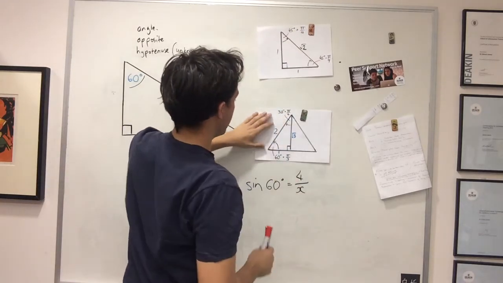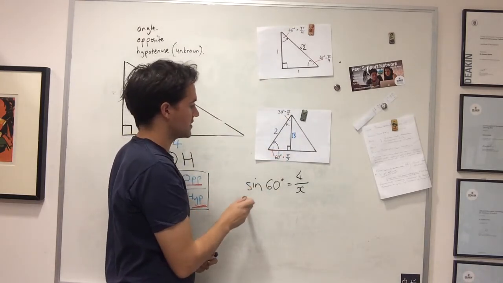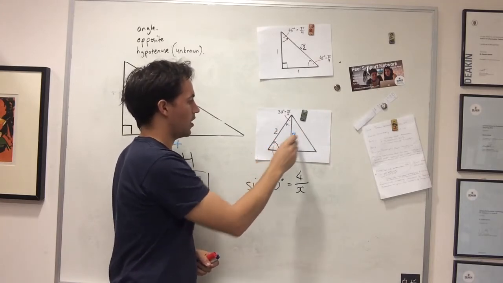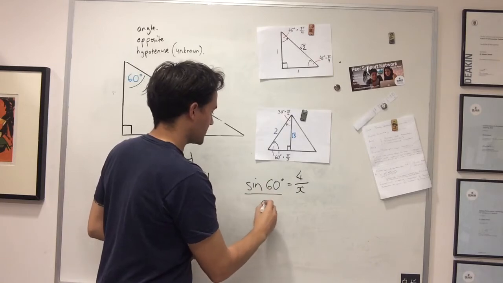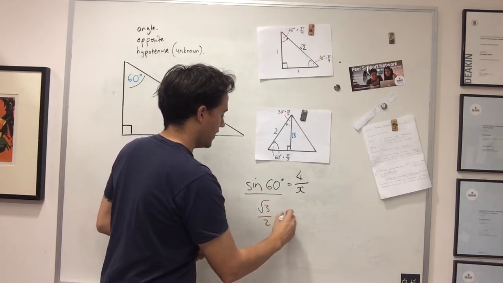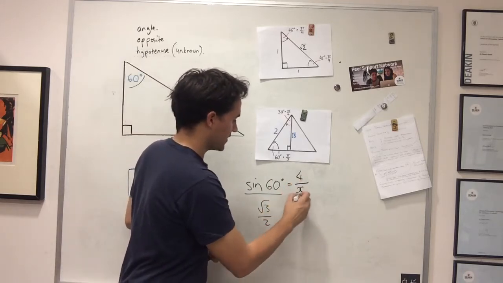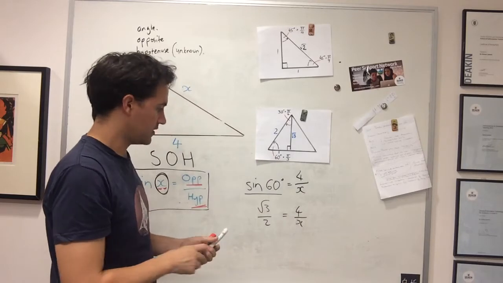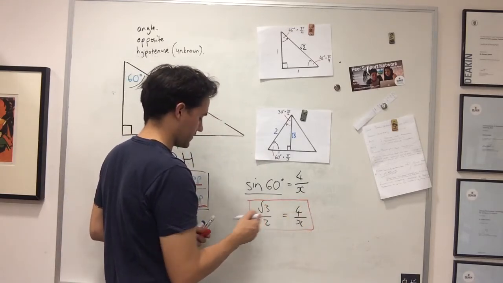Having a look at this triangle, we see that the ratio for sine of 60 degrees is opposite root 3 on 2, opposite over hypotenuse. So sine of 60 we can evaluate, it's just root 3 on 2. And what we're interested in is what x is equal to here. So now we've just got an equation that is all numbers and just an unknown x.